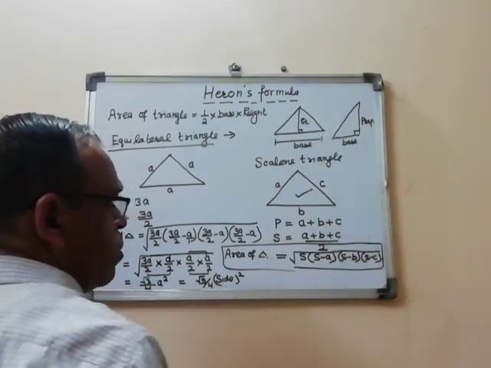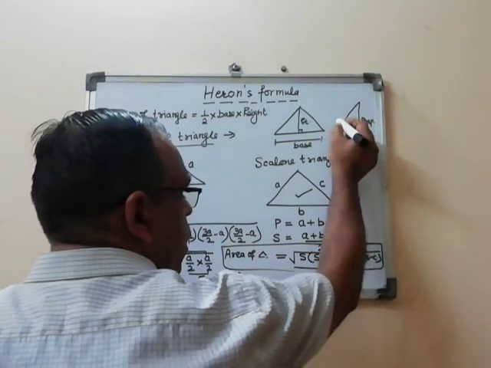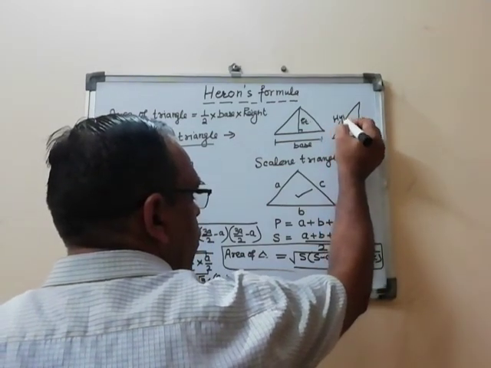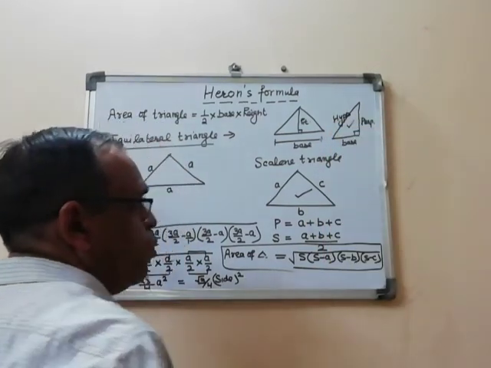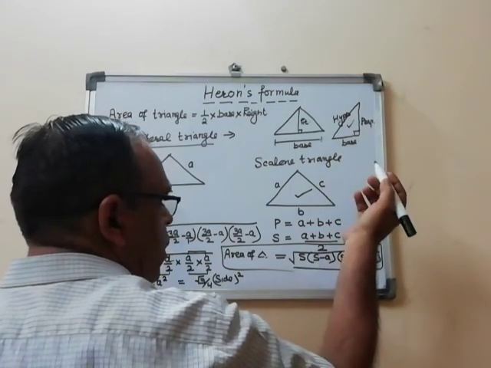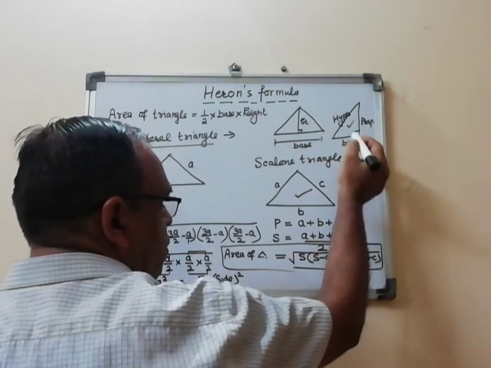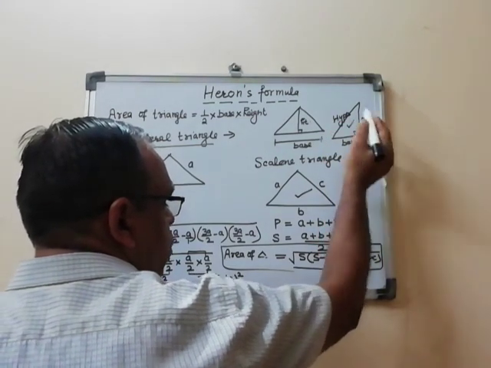If suppose a right angle triangle is there, suppose this is the hypotenuse, you have to find out base and perpendicular. Sometimes hypotenuse is given, base is not given, perpendicular is given.